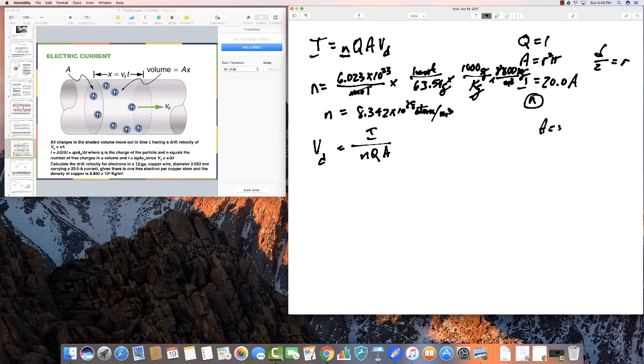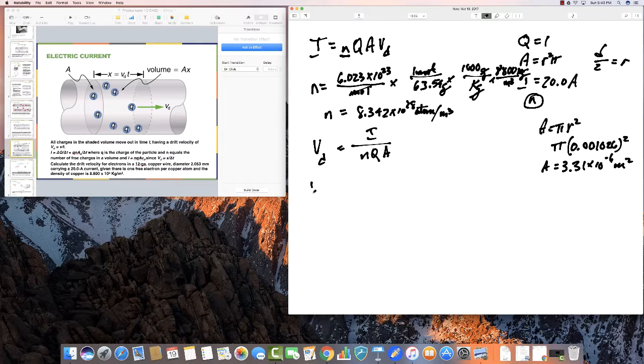A is pi r squared, which is pi times 0.00106 squared. So A ends up being 3.31 times 10 to the minus 6 meters squared.